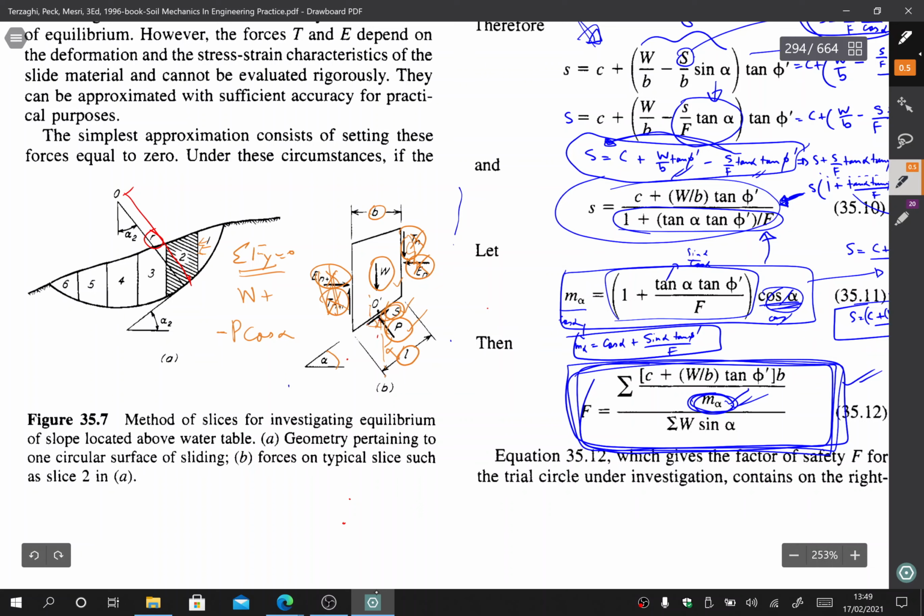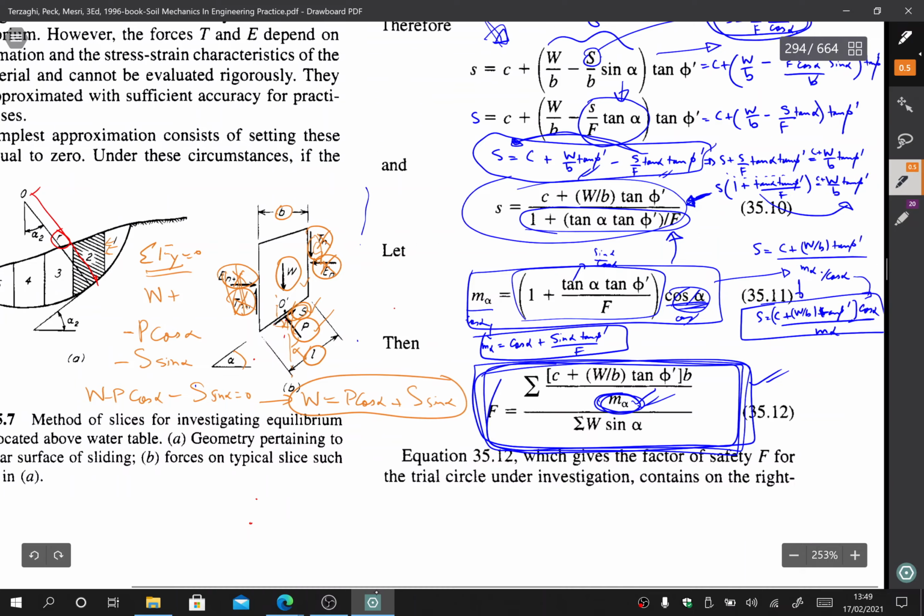If this is alpha, it will be minus S sine of alpha. So when doing summation, it will be W minus P cos alpha minus S sine alpha is equal to 0. So from here I can say that W is equal to P cos alpha plus S sine alpha. I write this equation on the side.